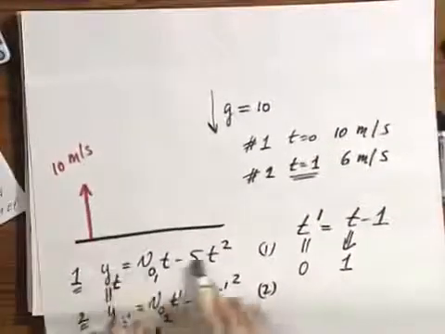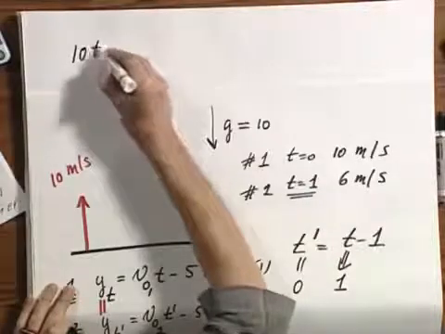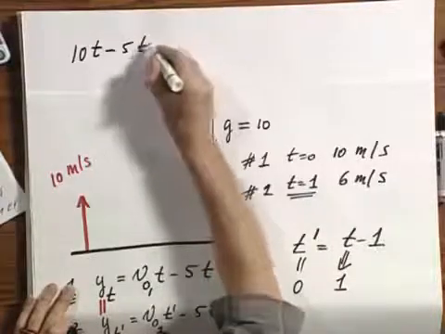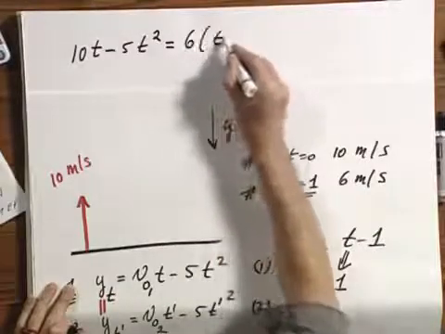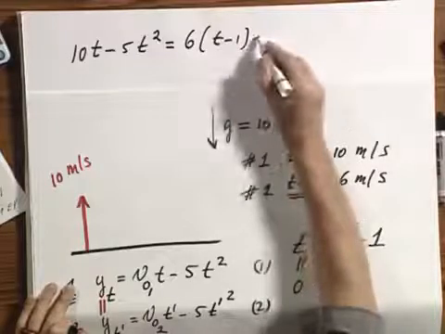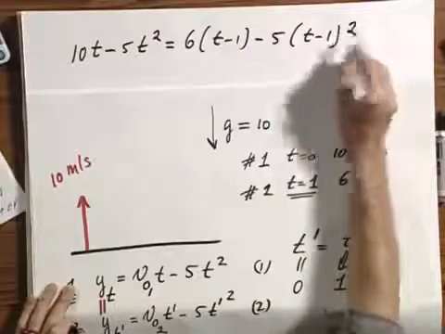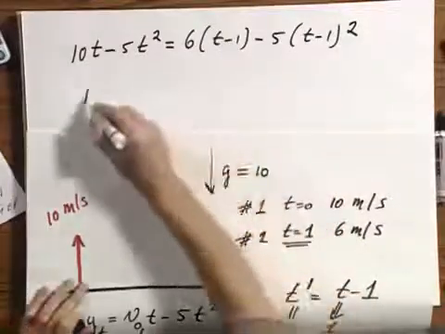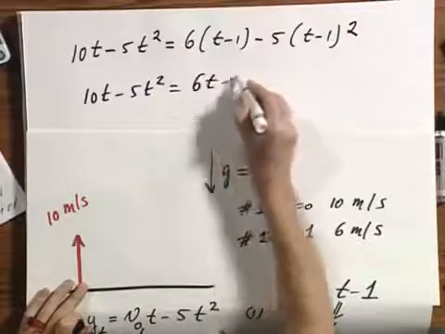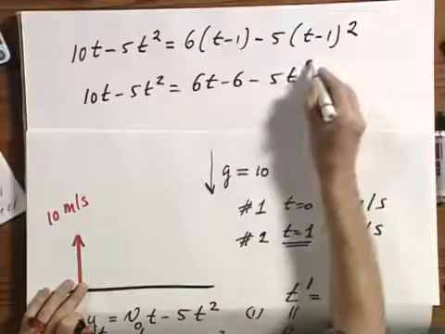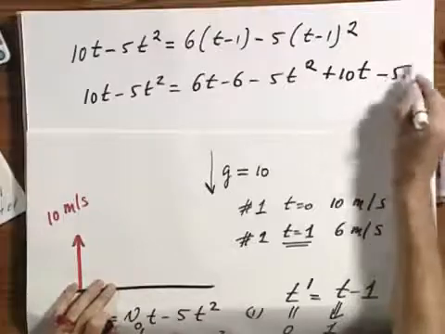Because now I work out this for object number 1, so I get 10 times t minus 5t squared, that's for object number 1, equals 6 times (t minus 1), which is for object number 2, minus 5 times (t minus 1) squared. So I get 10t minus 5t squared equals 6t minus 6 minus 5t squared plus 10t minus 5.